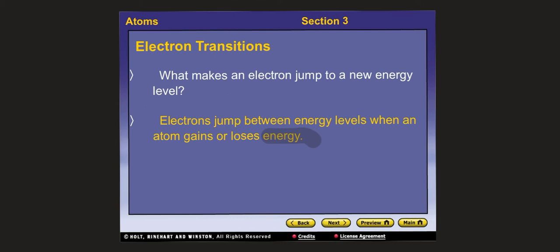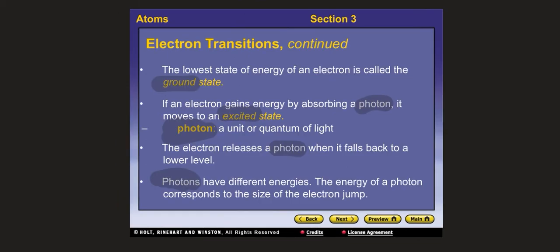So a little bit ago we said that electrons can jump between energy levels when they gain or lose energy, and so generally they gain or lose energy in the form of light. So when they absorb light, they get excited and gain energy, and when they give off light, they are releasing that energy. So the lowest state of energy an electron can have is called the ground state, and again, that's like its home.